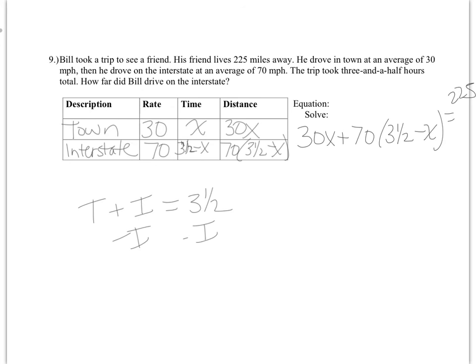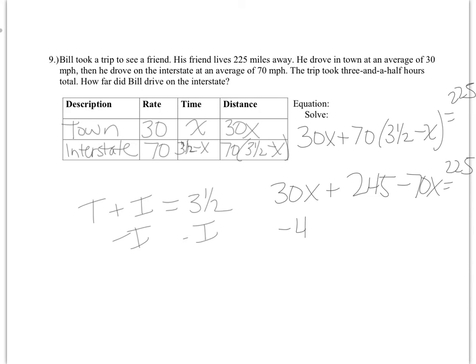Now distribute: 70 times 3.5 is going to give me 245. So I'm going to have 30x plus 245 minus 70x equals 225. Now combine: 30 minus 70 is negative 40.